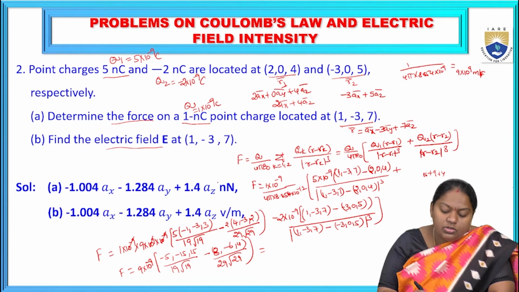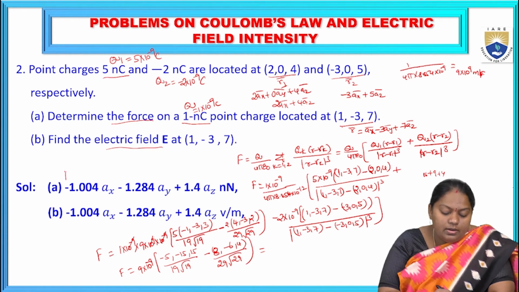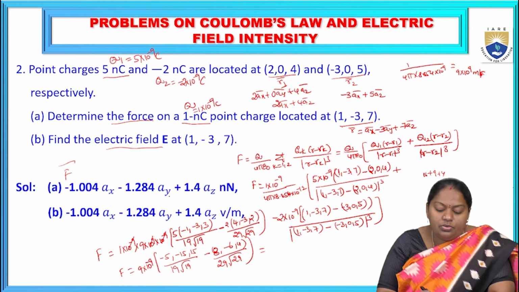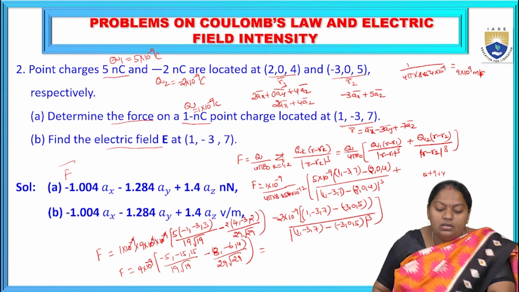So the total into 10 power minus 9 is left out, and for 10 power minus 9 we represent it as nano. Hence my electric force F is equal to minus 1.004 ax minus 1.284 ay plus 1.4 az nano newtons. Right? So that is what is obtained for the electric force.